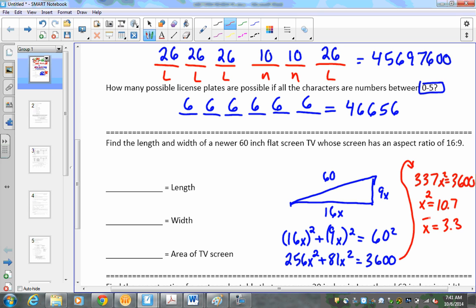I'm going to take my x, I'm going to plug it back into 9x and 16x to get my actual answer. So 3.3 times 9. We will say that the width is 29.7. I'm not really concerned about if you can properly identify length and width.